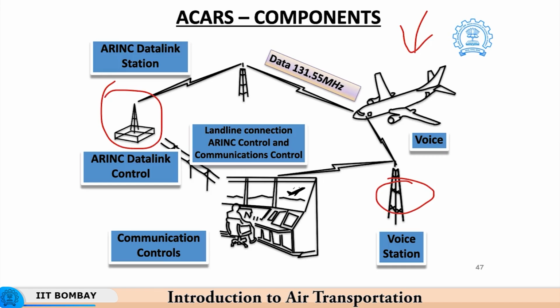The voice communication happens in a VHF frequency operation, whereas the data is transmitted through a more wireless communication base, and subsequently the end unit, that is the control unit system, processes the data from both these stations and provides the regular input to the ground station control.